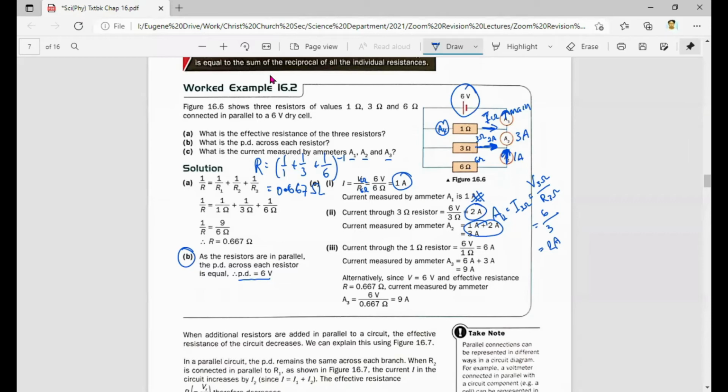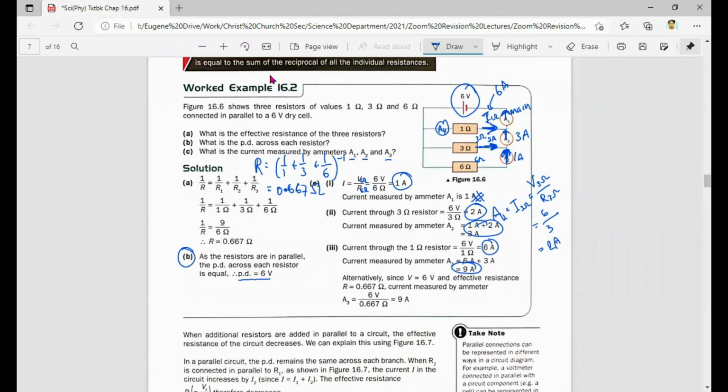Therefore, I of the 1 ohm is 6 ampere. So A3 is equivalent to this branch plus this branch: 3 plus 6, therefore the answer is 9 ampere. This is the value of A3.